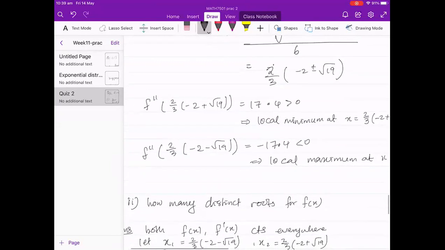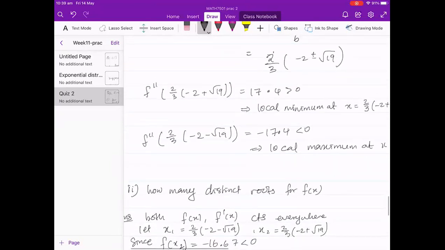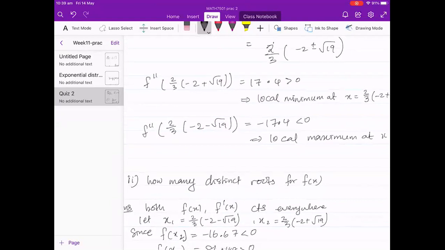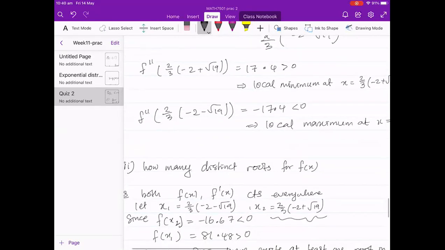Let's say at the critical points, x1 and x2, that is, at the points 1/3 times minus 2 plus or minus square root of 19, I got f of x2 is negative and f of x1 is positive. The sign changes. Which rule can you apply?